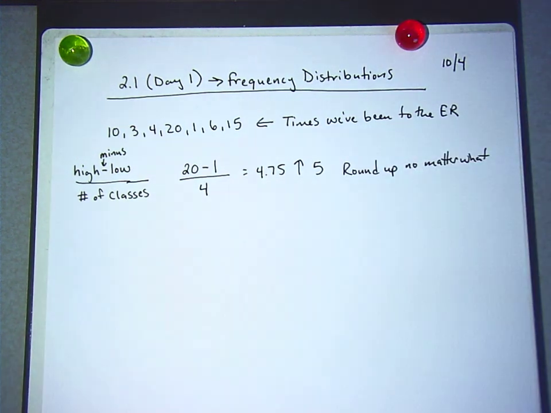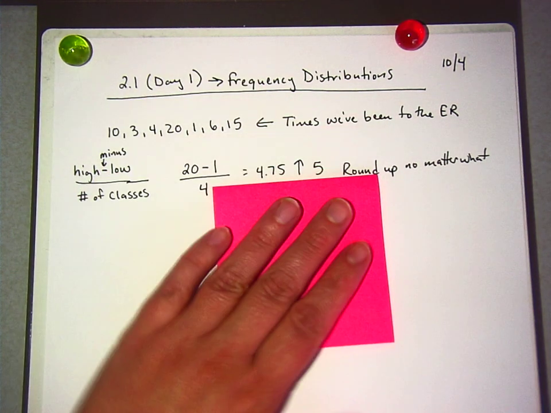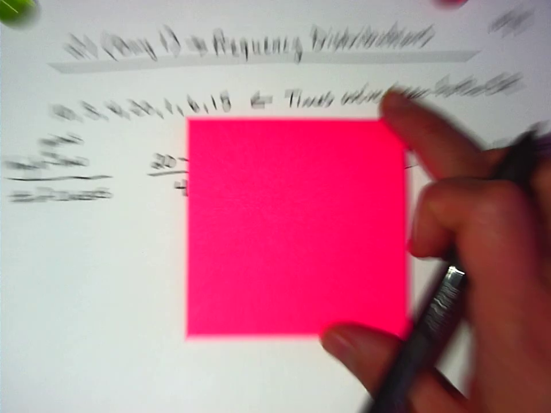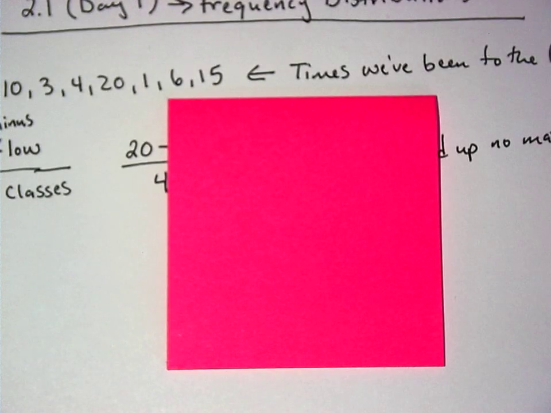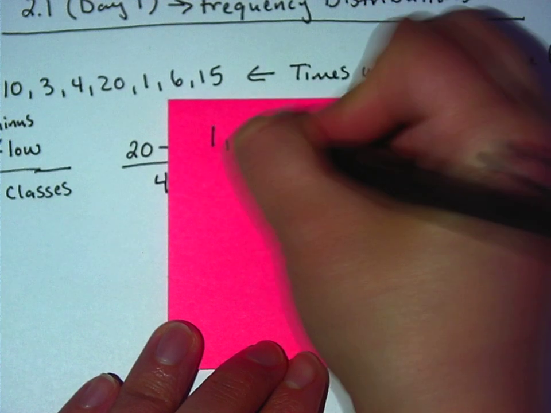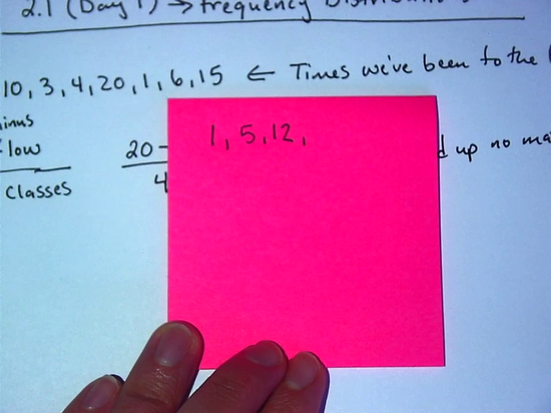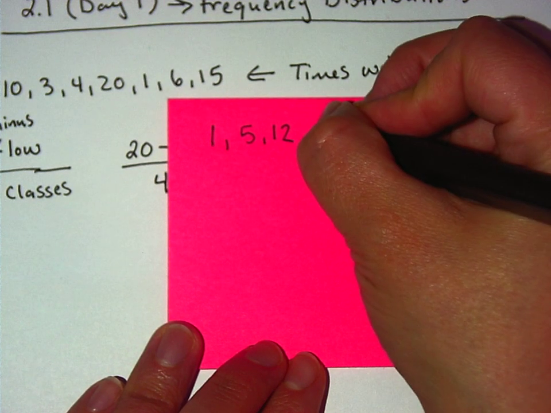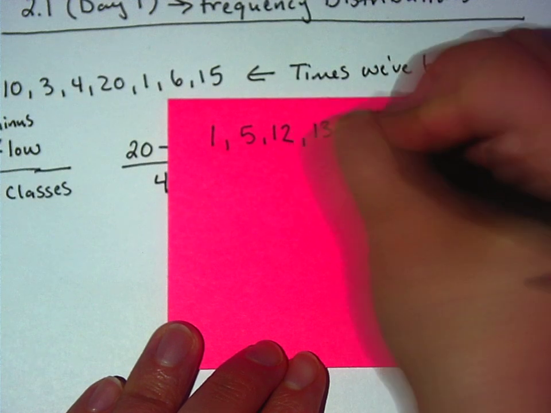And let me explain why really quick, because this is a confusing thing. Okay, I'm just going to write this on a separate piece of paper so you don't have to write it down, just listen, okay? So let's imagine that I had this data set, 1, 5, 12, let's see, minus 1, 13, 15.